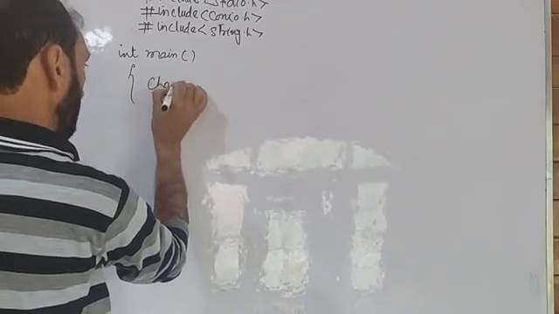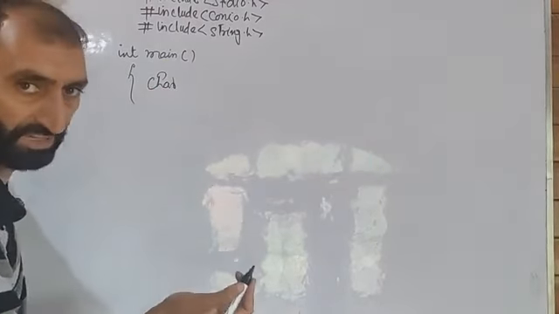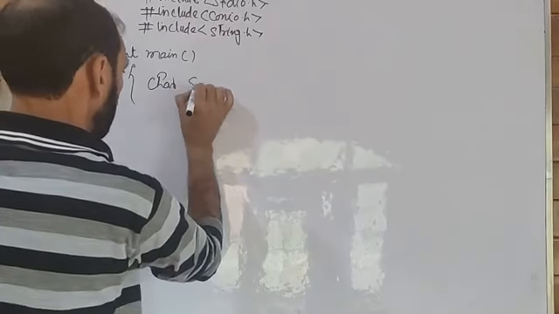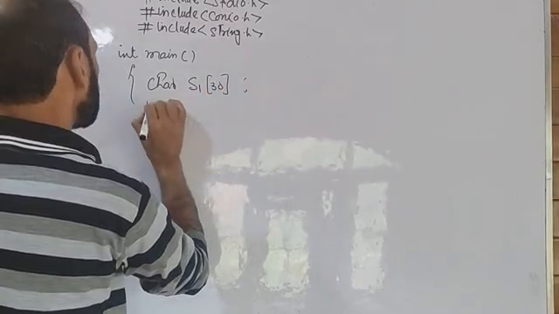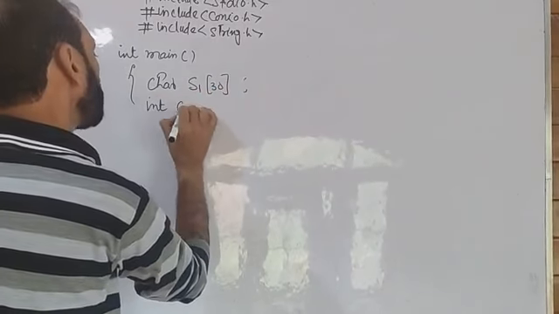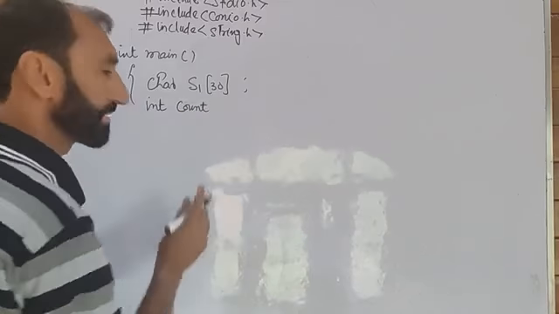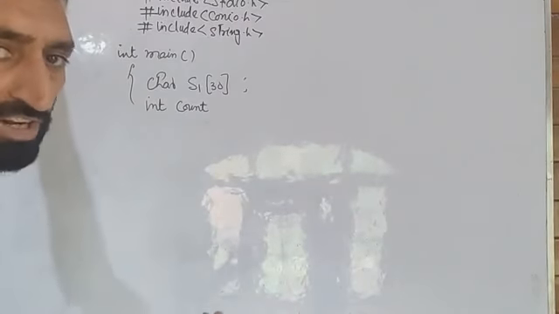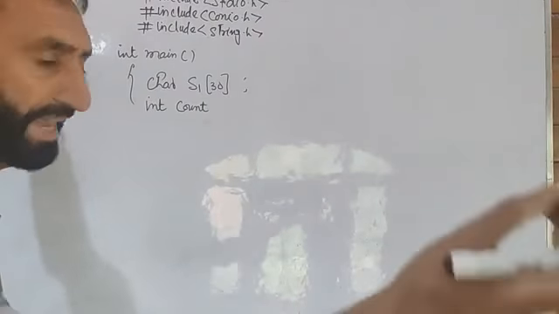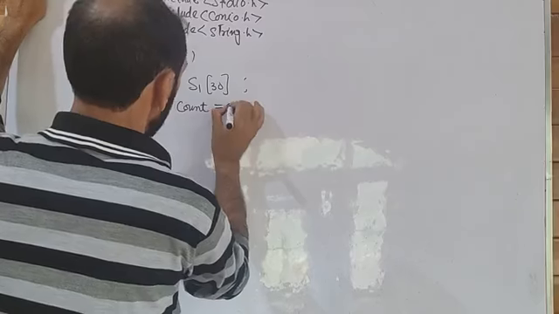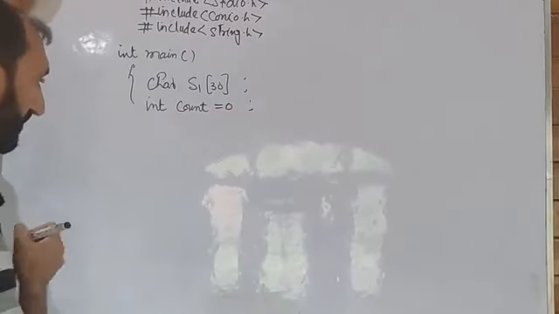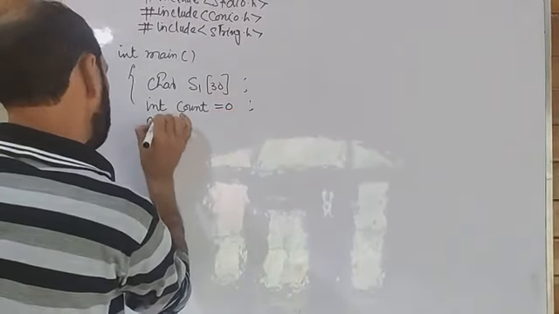Here first I will declare a string or character array s1 of 30, and count. Count is for counting; it is a variable which will store the length of the string, and we will initialize count with 0. Then clear screen.